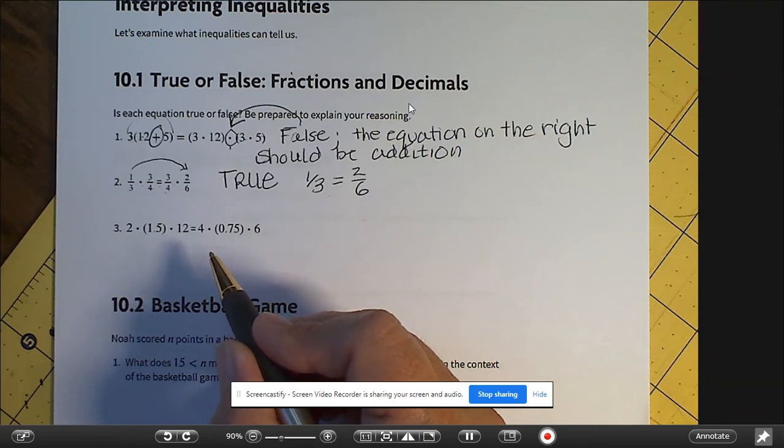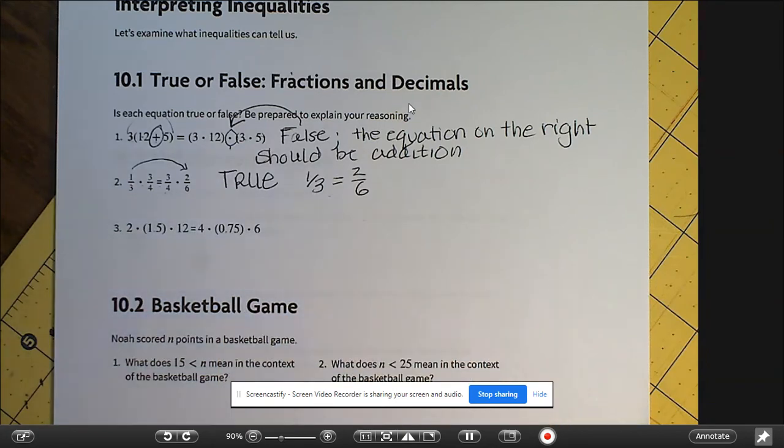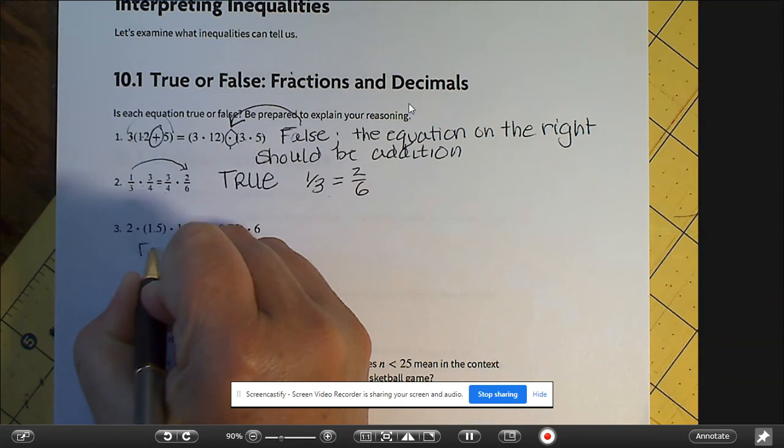On one side we get 36 and one side we get 18, and 36 does not equal 18, so that is false.